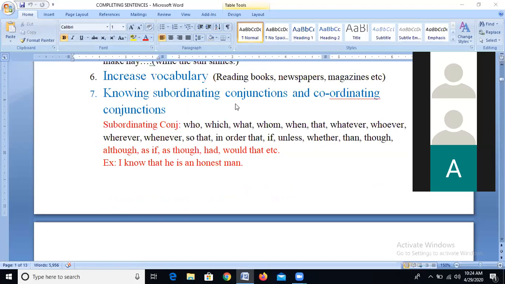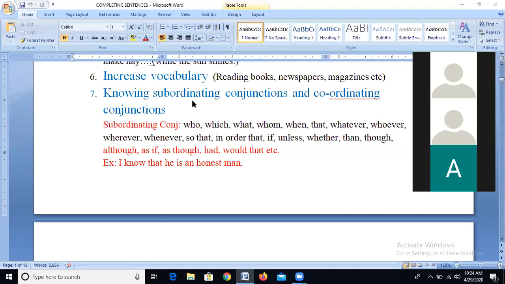A subordinating conjunction is usually used at the beginning of a subordinate clause. So you can easily define a subordinate clause if you have knowledge of subordinating conjunctions. If I ask you what a subordinate clause is, you may answer me, the clause which starts with a subordinating conjunction is a subordinate clause.